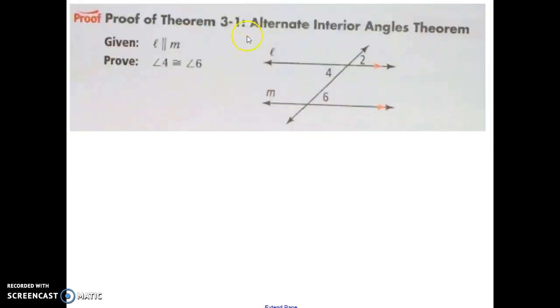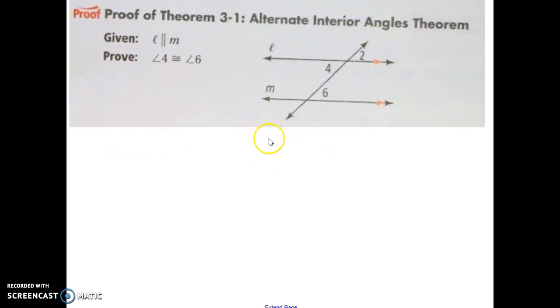Let's do one quick proof on this. I'm just going to prove the alternate interior angles theorem real quick. Given that these two lines are parallel, prove that angle 4 and angle 6 are congruent. I can use the corresponding angles theorem for this.